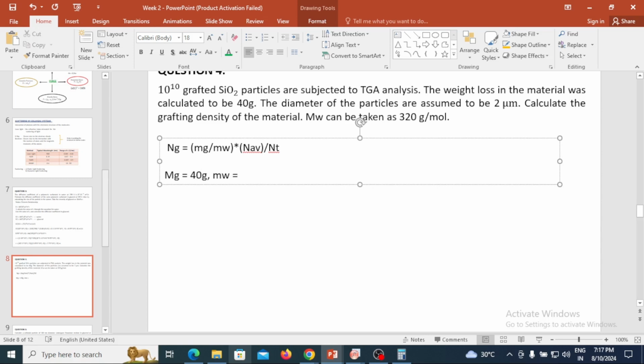MW is nothing but 320 grams per mole. NAv is 6.023 times 10 to the power 23, and the number of particles is also given as 10 to the power 10.